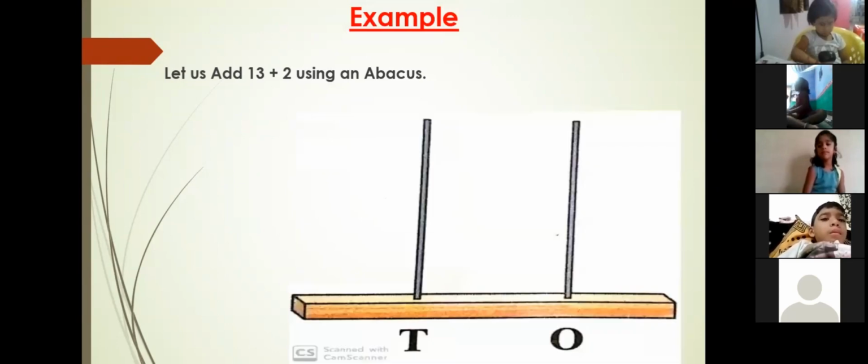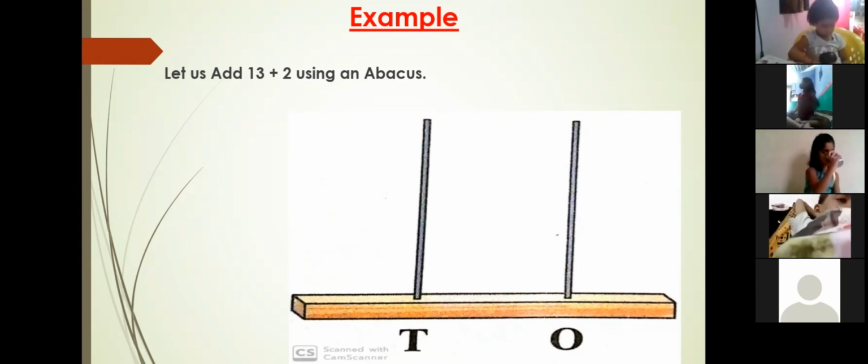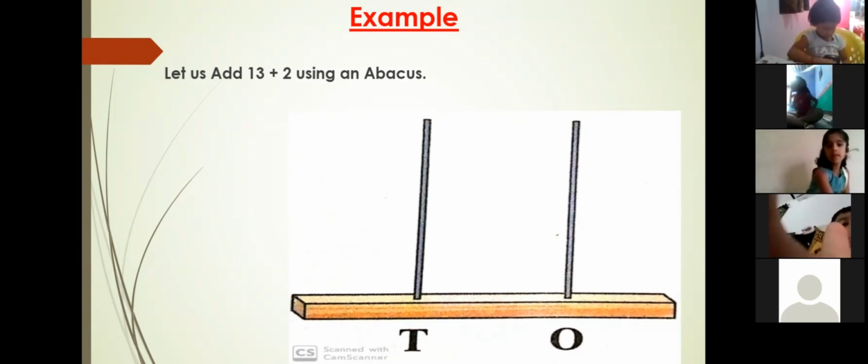Here you see, this is an abacus tool. So first number they give 13. In 13 you see it is a 2-digit number. 1 is in tens place, 3 is in ones place. So 1 is in tens place, we put 1 ten, that is 1 bead in tens place.